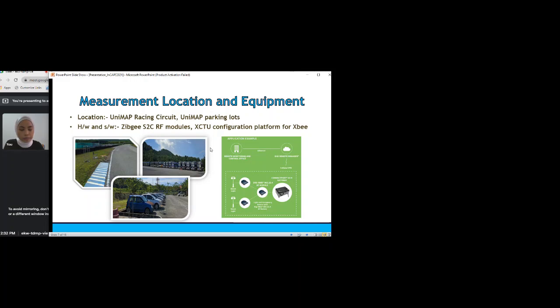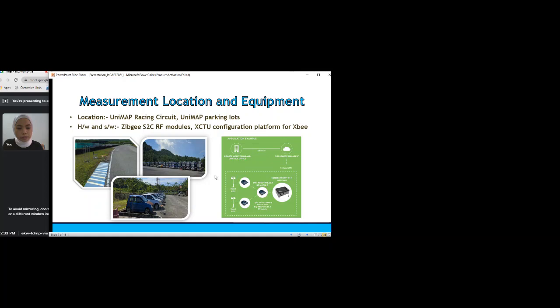In previous studies, it has been proven in some literature that at 2.4 GHz, these specific modules have been installed on real vehicles on the road, and data has been communicated with the base station at about 100 to 150 meter, with a moving car at a normal speed of 50 to 60 km per hour, and it shows no problem transmitting and receiving data. So this is the most suitable for our measurement and research.